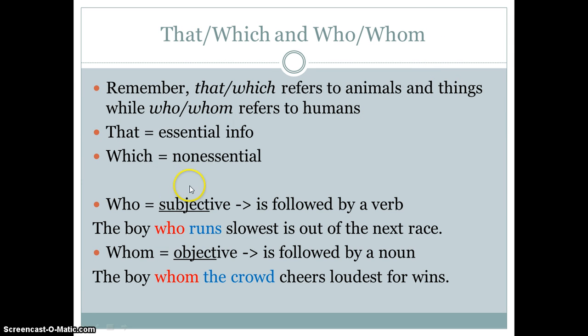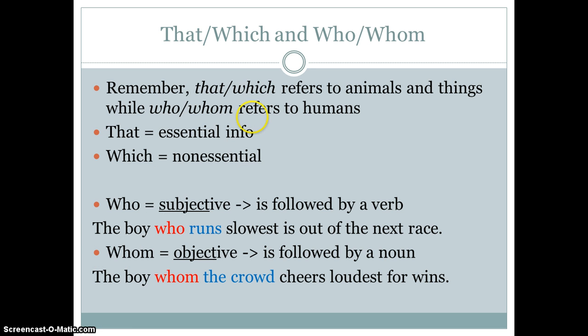So who is subjective. It's a subject. And when you use it, it's going to be followed by a verb. So the boy who runs slowest is out of the race. Who is followed by runs. Runs is a verb. So who is a subject. So you use who, not whom.